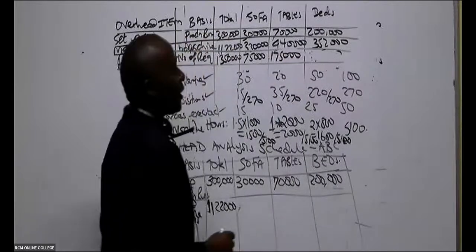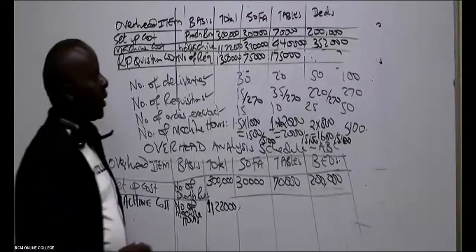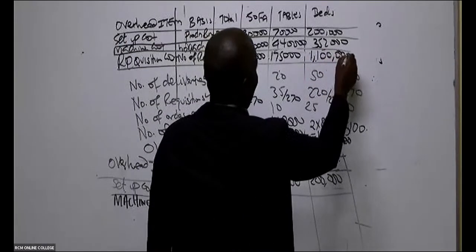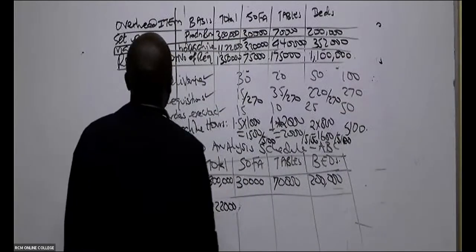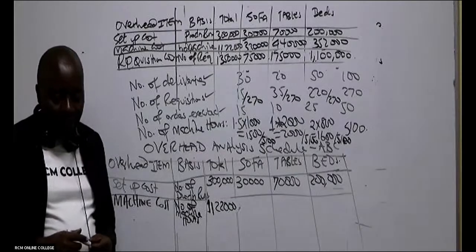How about beds? 1.1 million. Beds, we have 1.1 million. Thank you so much. So after requisition cost, do we have any other overhead item?